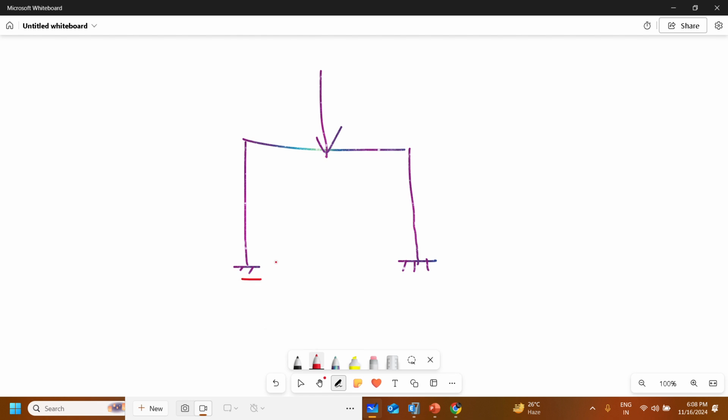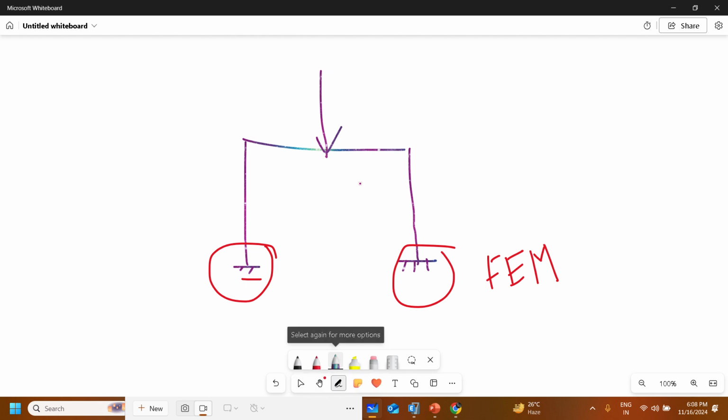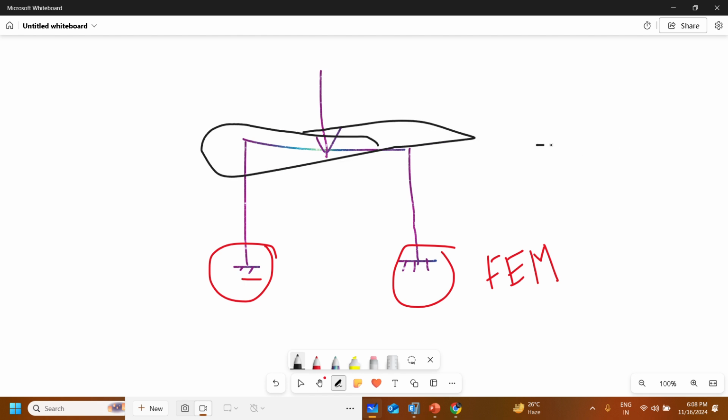This is a fixed one, so always a fixed end moment. Okay. And for this part we assume it as simply supported or fixed supported. We can assume this part as fixed.